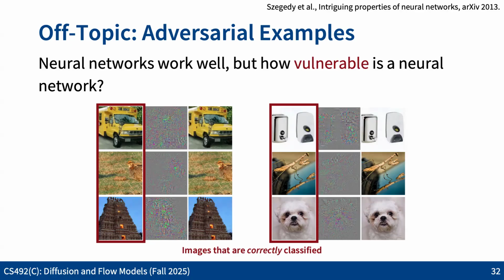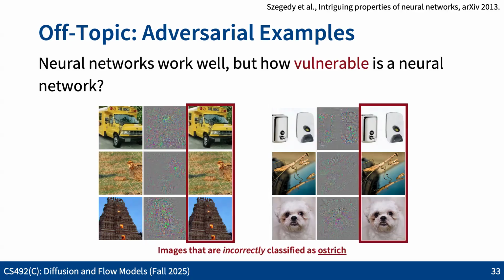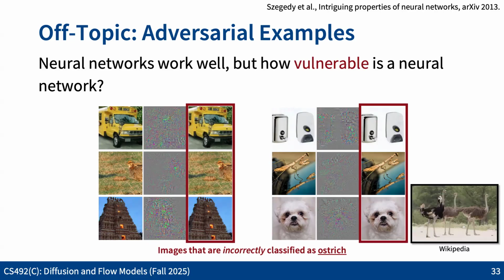But if we add this kind of noise into the images, the pre-trained classifier will see all those images as an ostrich. Do you know the ostrich? This one. Somehow the pre-trained classifier sees these images as the same class as this bird. So that's the idea of the adversarial attack.